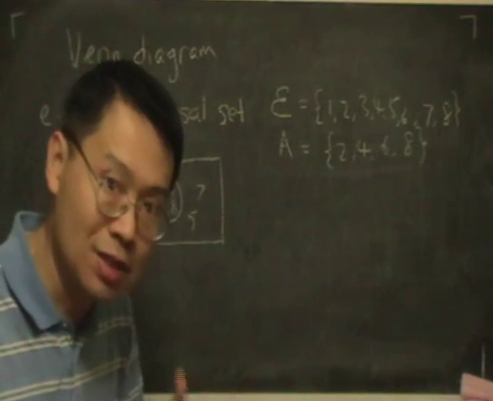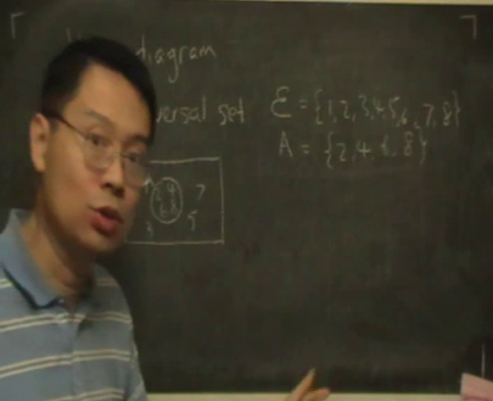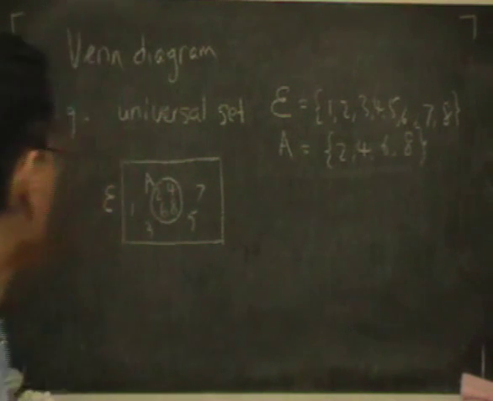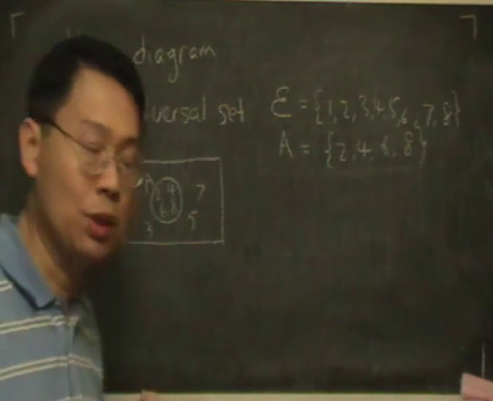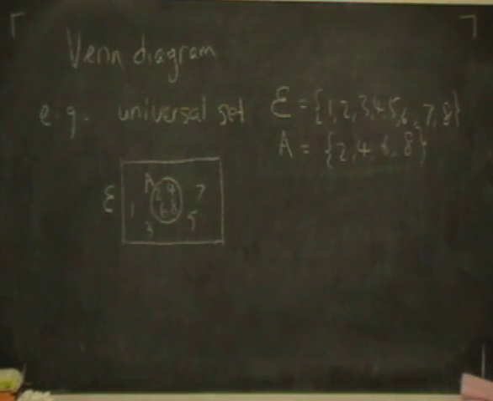So everything is inside the universal set. We're not interested in things that are outside. So that's a Venn diagram. The name given to such a picture is a Venn diagram.